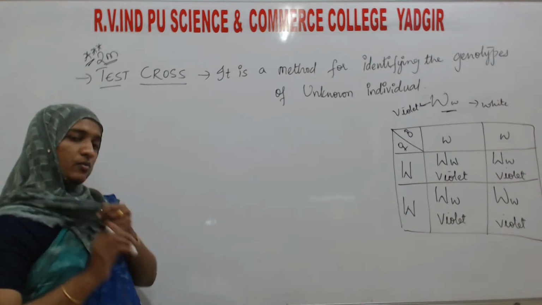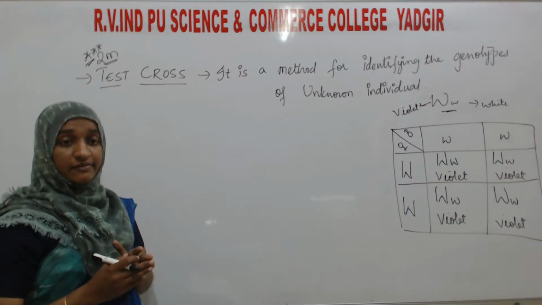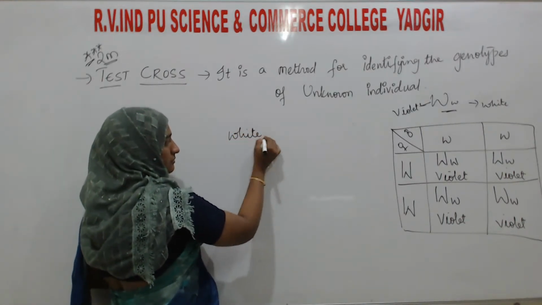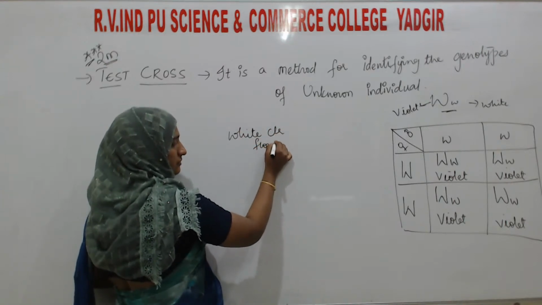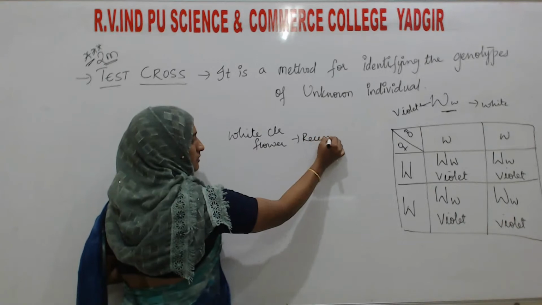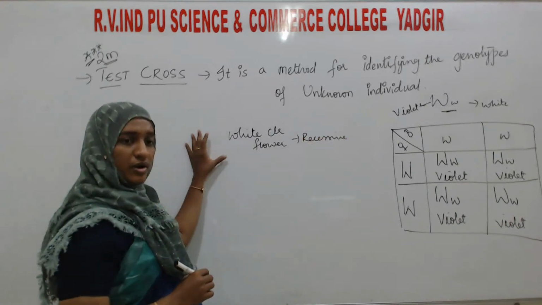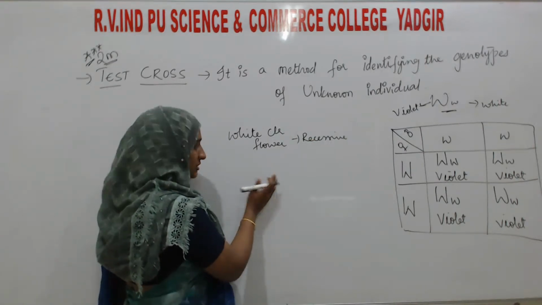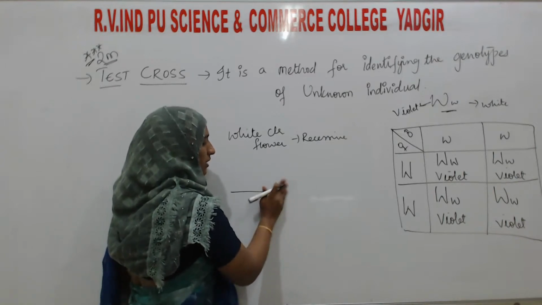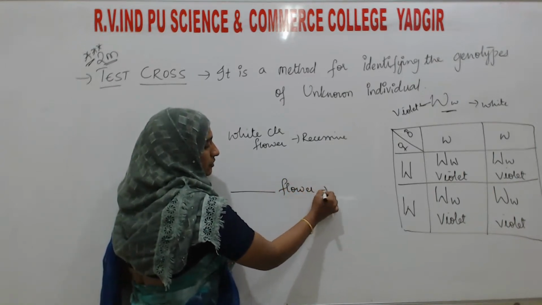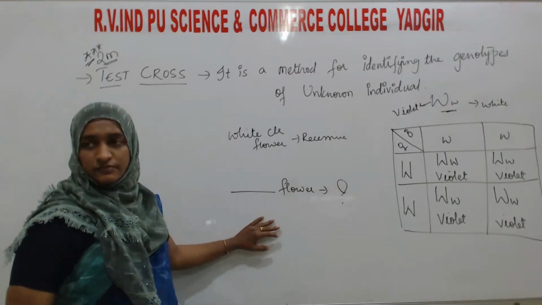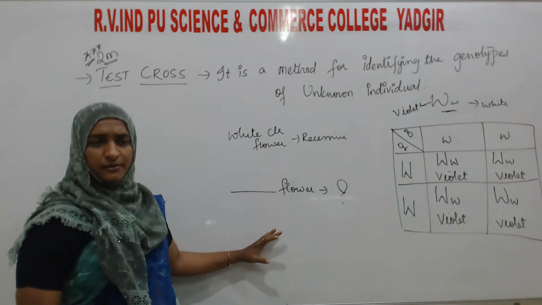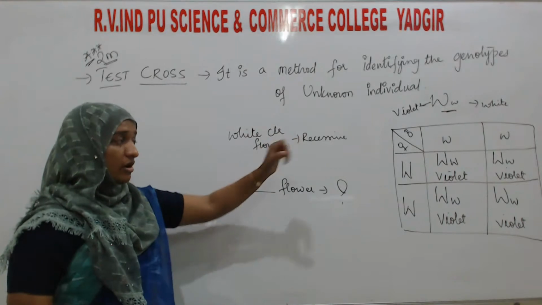If you are not understanding, once again: one is a white color flower, which is recessive. One more flower is there whose color you don't know. Imagine you don't know the color; we only know that it's a flower. For this reason we went for the test cross.